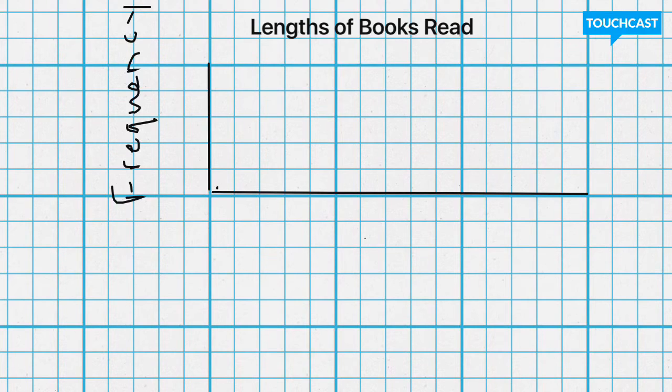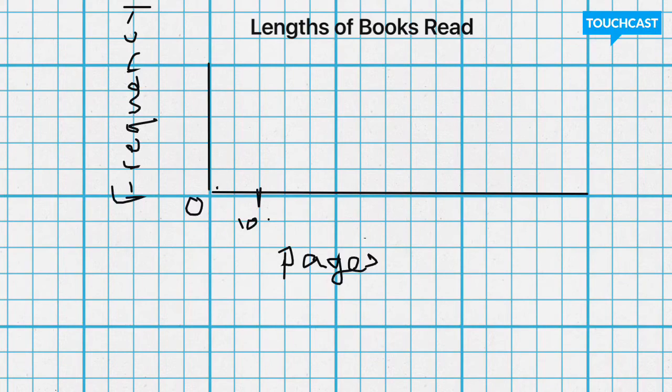And we'll call our horizontal axis pages. Now, I'm going to go from our corner, which is marked as 0, and go every 2 on our horizontal axis is 100.